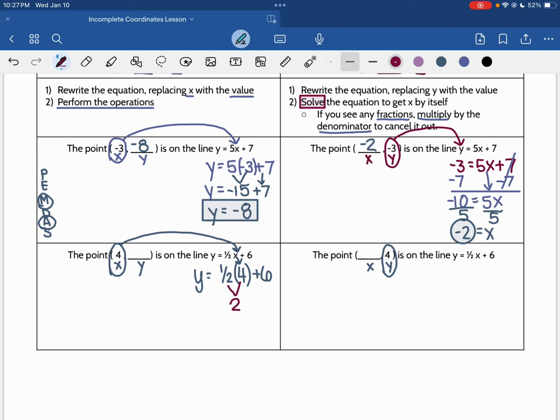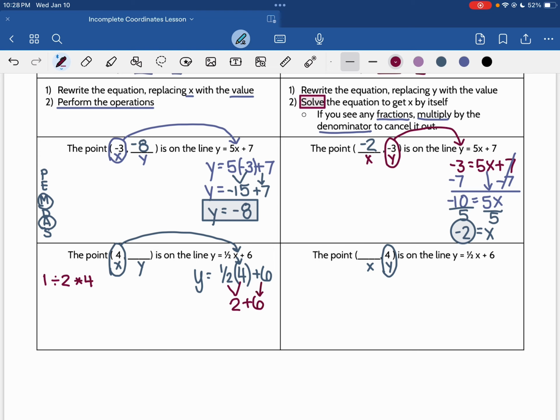If you don't know that, I'm going to come over here to the side and write, I would do 1 divided by 2 in my calculator, and then times 4. So that fraction bar is just a division symbol. Half of 4 is 2, or 1 divided by 2 times 4.